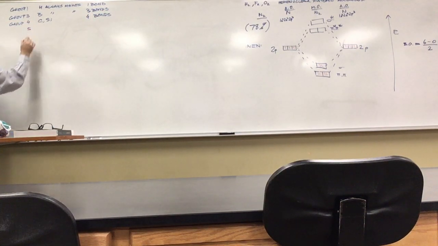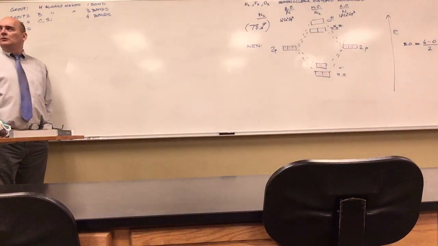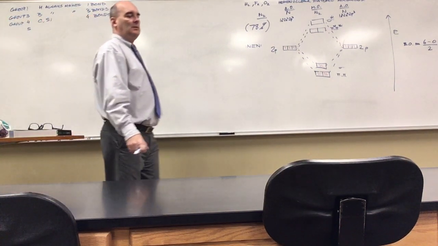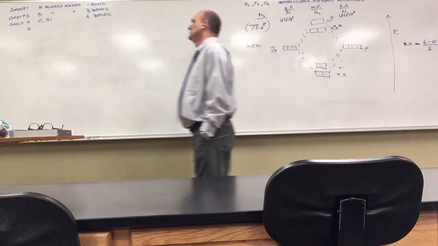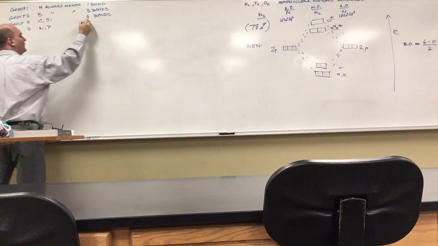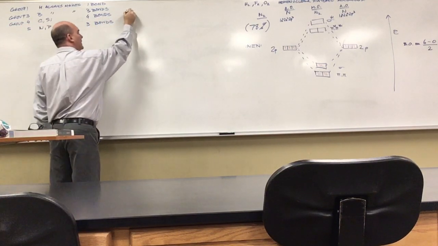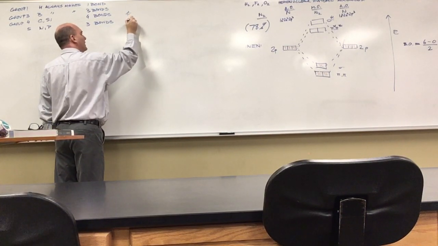And then group 5. Group 5 is now on the right-hand side of the periodic table. So we have a lone pair of electrons. So our nitrogen and phosphorus always make 3 bonds. There's a carbon, and now here's the nitrogen.